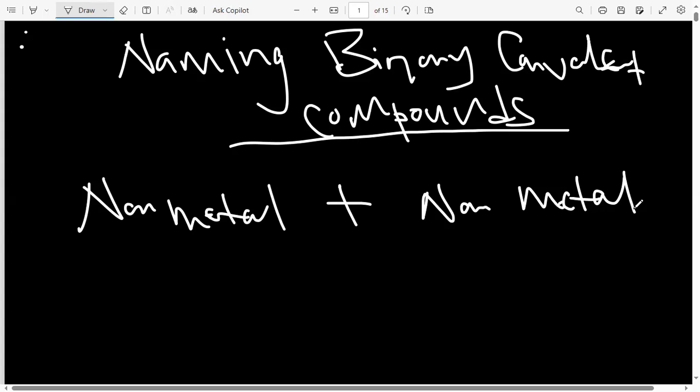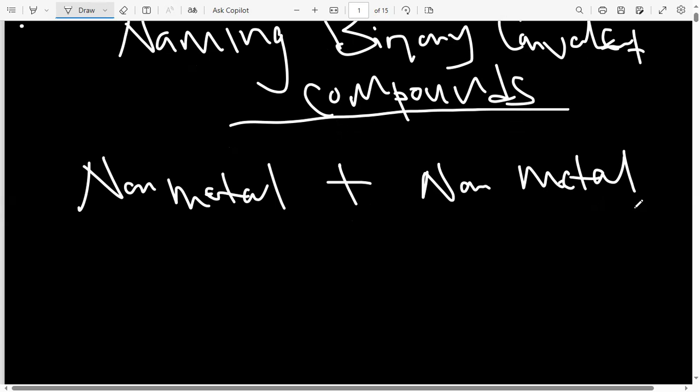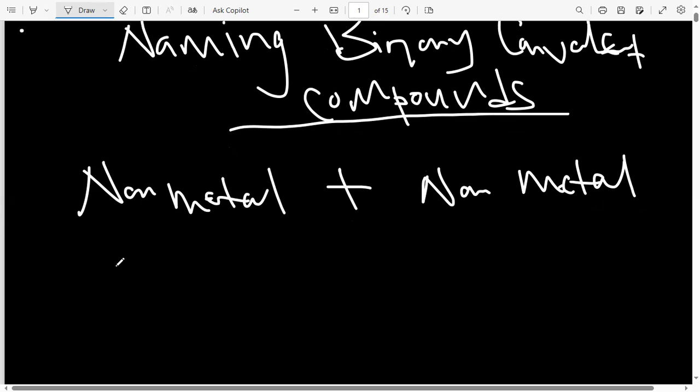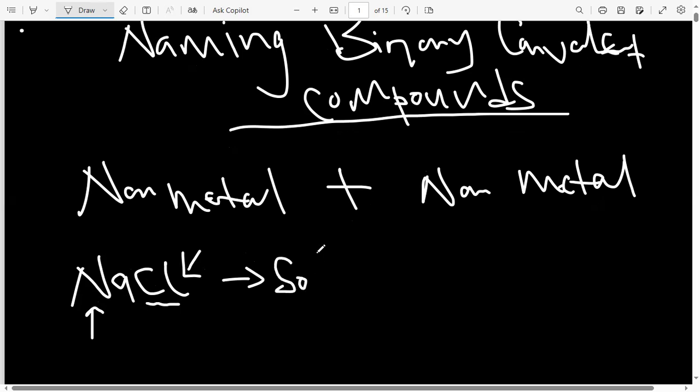The naming is a bit similar to what we learned when naming ionic compounds. Remember, with those ionic compounds, we always have a metal, and then a non-metal, or sometimes a radical. How were we naming them? We first got the name of the first element, so we can see sodium there.